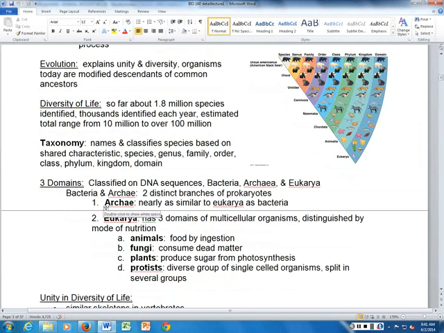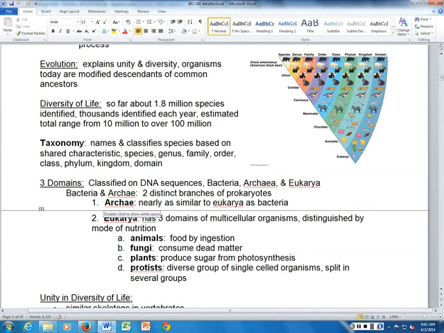It starts out classified into 3 domains of life, and this is based on the DNA sequences. You've got your bacteria, your archaea, and the eukarya. Sometimes this part is a little confusing to people. So we have your prokaryotes and eukaryotes.